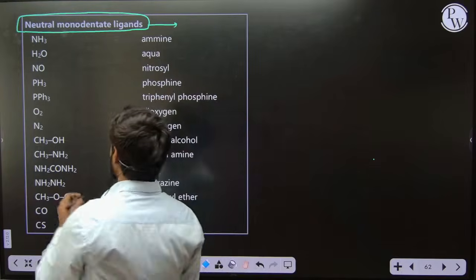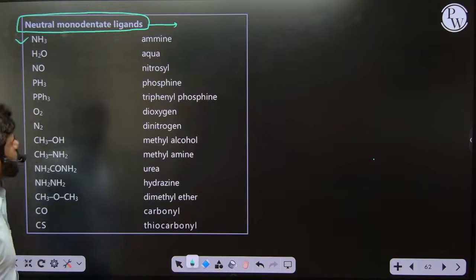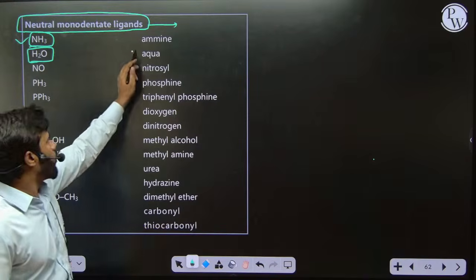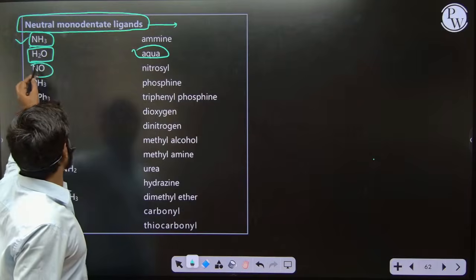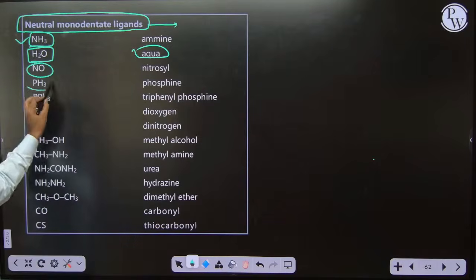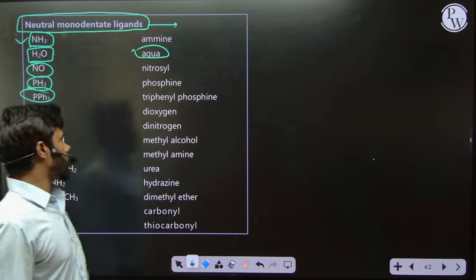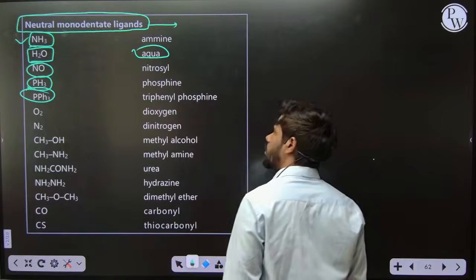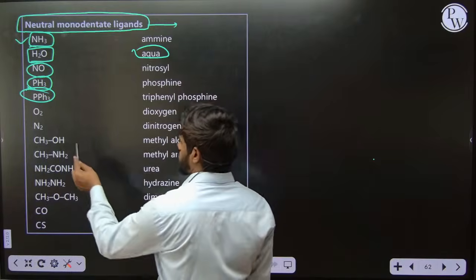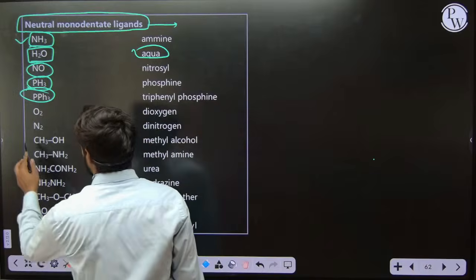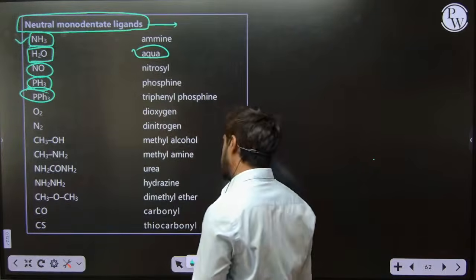For example, NH3 is named ammine. Ammonia as a ligand is named ammine. H2O is known as aqua, NO as nitrosyl, PH3 as phosphine, PPh3 as triphenylphosphine, O2 as dioxygen, and N2 gas as dinitrogen. Since they all have lone pair electrons, they are named like this.